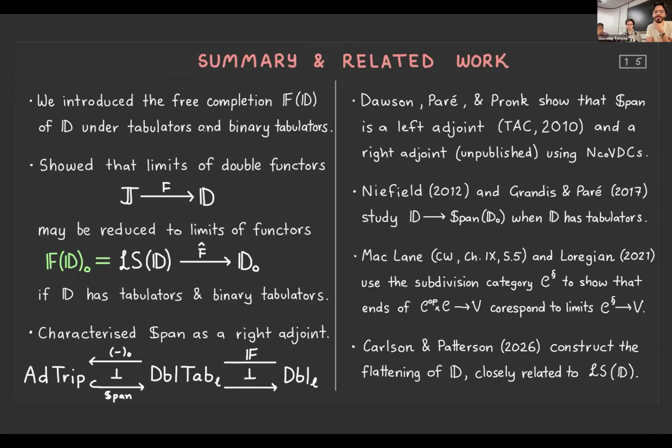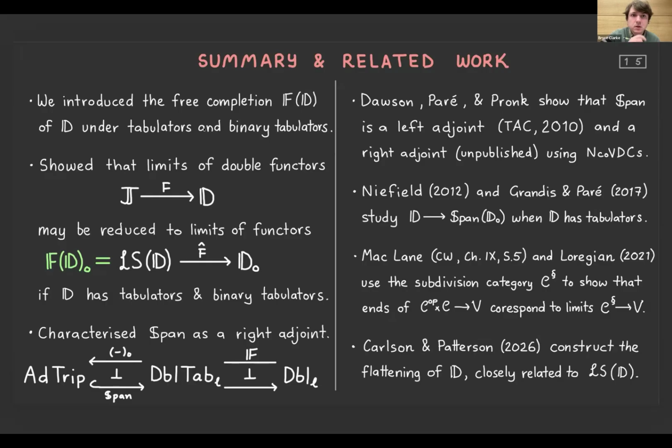Thank you very much for your talk. It was very pleasant. Just a simple question, possibly. You suggested that your tabulation completion had some kinds of double limits. Usually, in the one-dimensional case, you perform a completion by cutting down from the presheaves on a category to obtain a completion with respect to certain colimits.